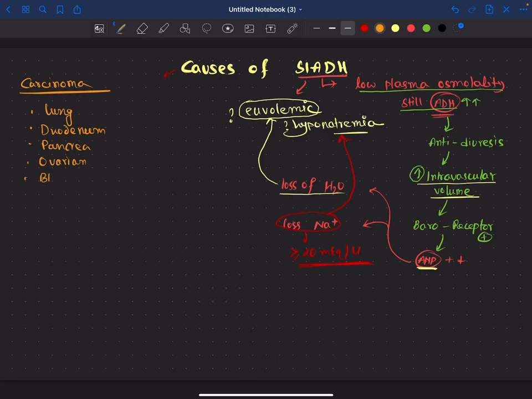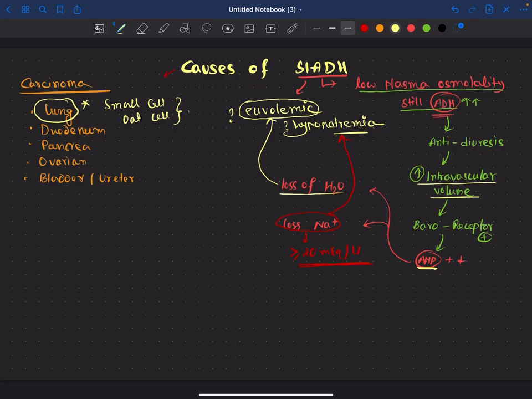So lots of carcinomas can lead to SIADH, but most important here you have to remember lung carcinoma, small cell carcinoma, or oat cell carcinoma.